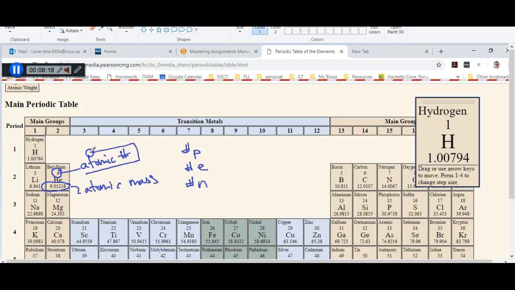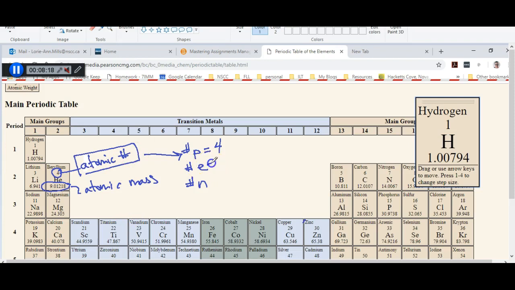The atomic number is always going to be the number of protons that you have, and the number of protons never changes. So if you have an atom that has 4 protons, it's always going to be beryllium. If you have an atom that has 30 protons, it's always going to be zinc. So the number of protons is always going to be the same as the atomic number. That doesn't change. So for beryllium here, my number of protons is going to be 4.